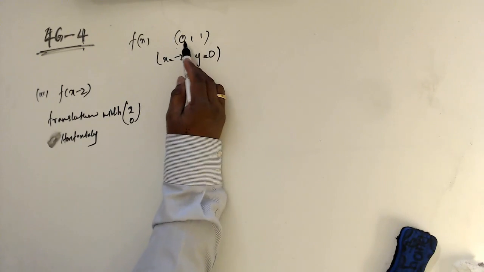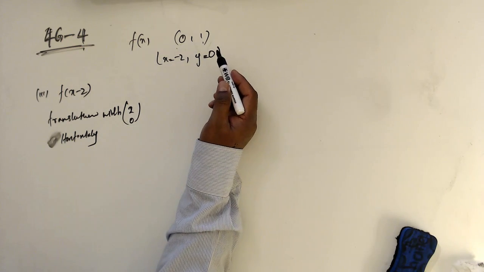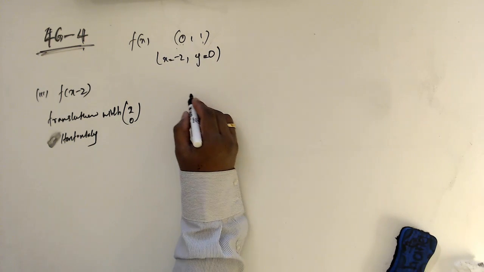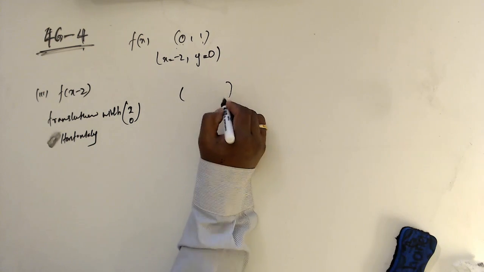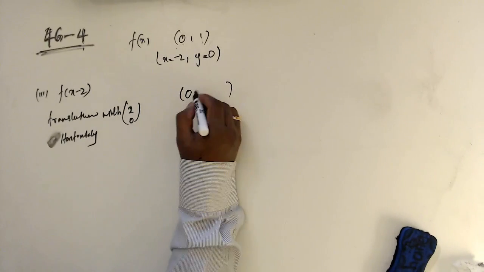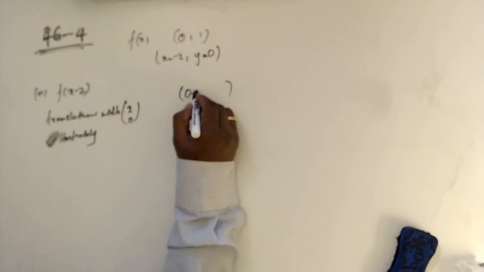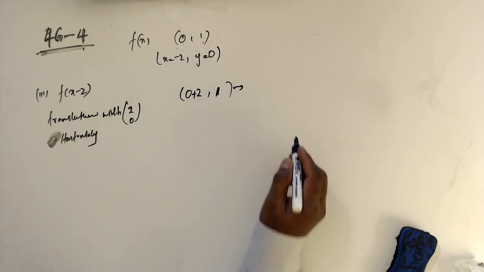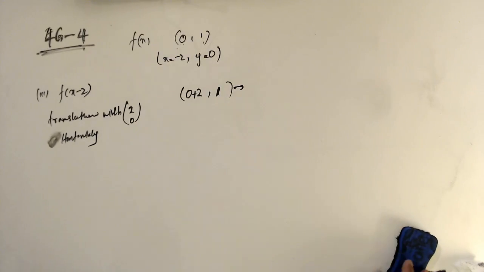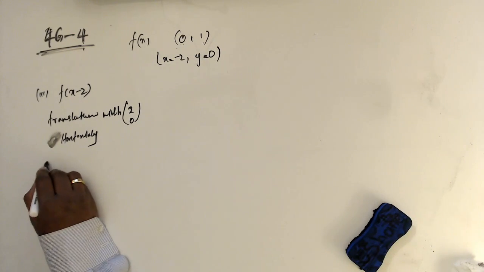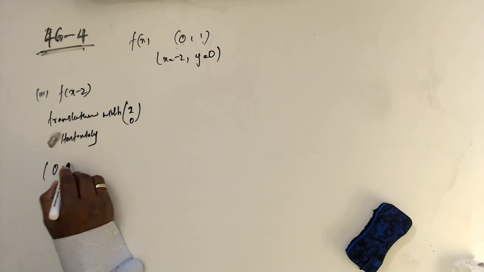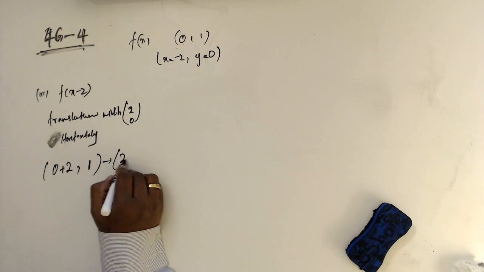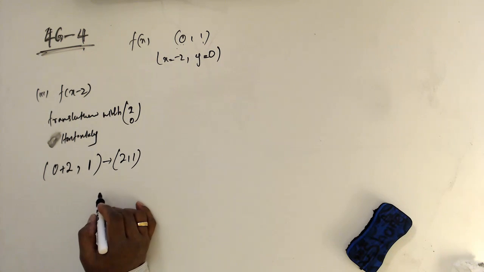It means in terms of this point, the 0, 1 point is going to be 2, 1 now, because the x value shifts 2 units, and y is going to be as it is. Earlier it was 0, 1, now 2, 1.